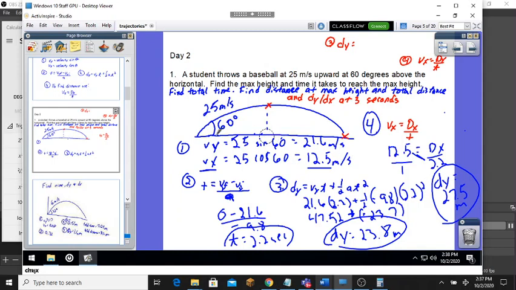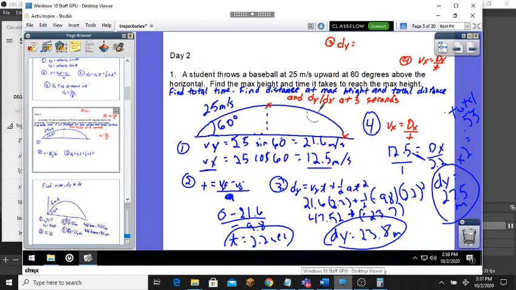Multiply by 2, we get 55 for the total. It just makes sense, right? From here to here, that's half, 27.5. So plus another 27.5, that would be 55. Okay, so that's the total.